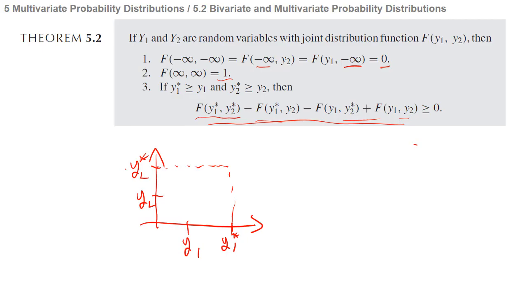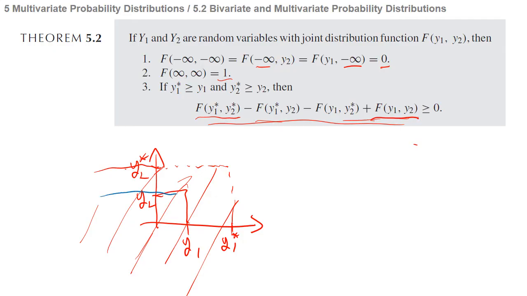So F(y1 star, y2 star) is the volume defined on the set here, and F(y1, y2) is the volume defined in here.